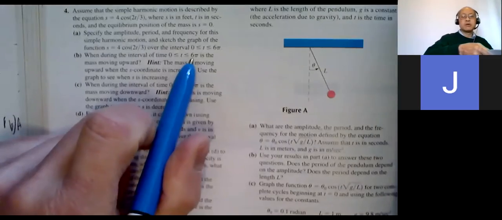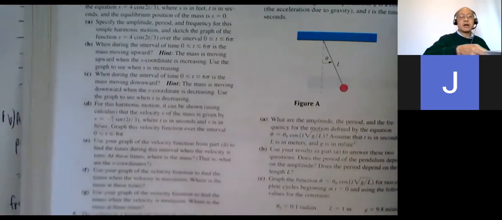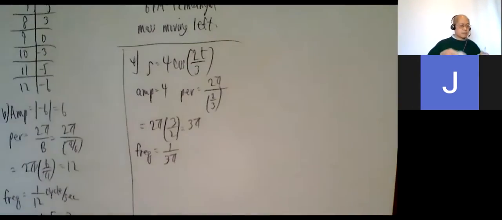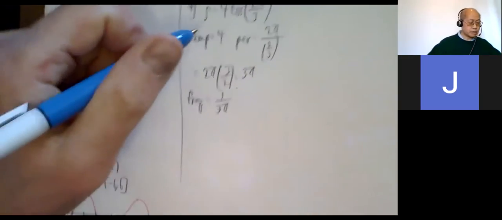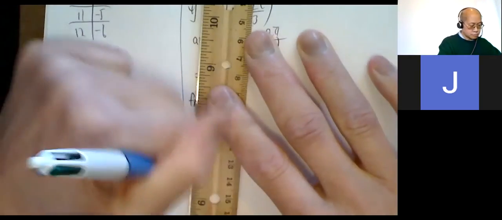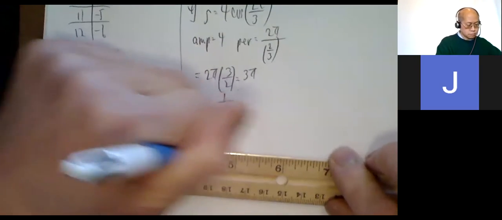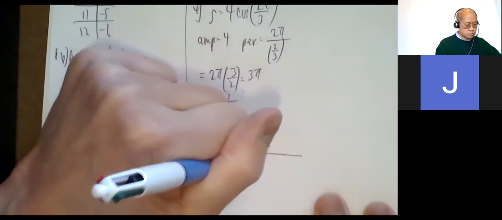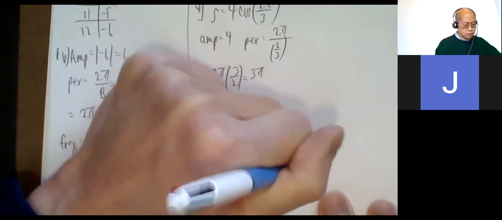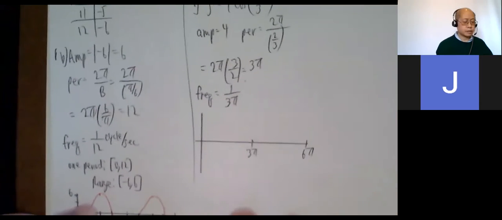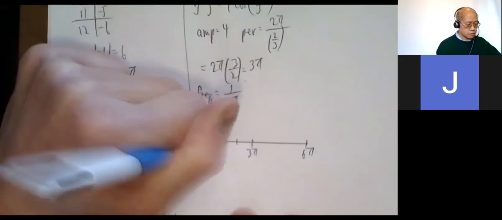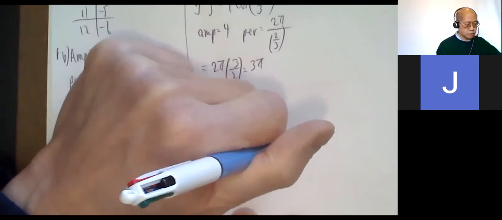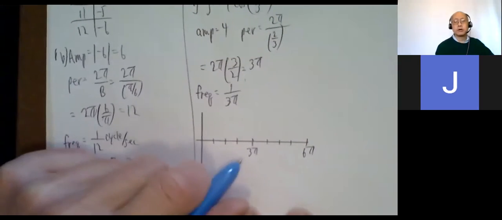All right, sketch from 0 to 6 pi. Period is 3 pi, so once again, that's 2 periods. 3 pi, 6 pi, 2 periods. Cut that into 4.